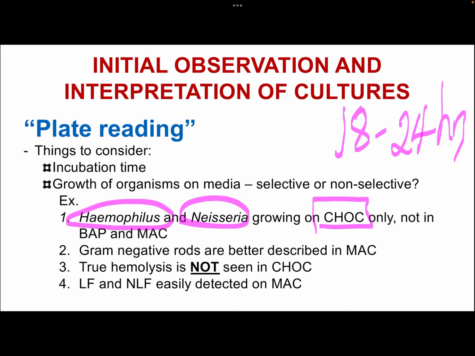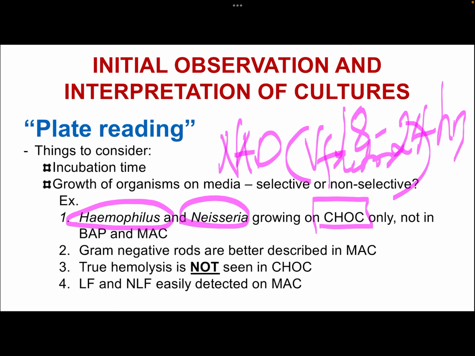In the case of Haemophilus, for example, it requires NAD, the V factor, for growth. And remember, the V factor can only be seen in the lysed RBCs. So take note, in the chocolate agar, the RBCs are lysed because of the manner of preparation of the culture medium.